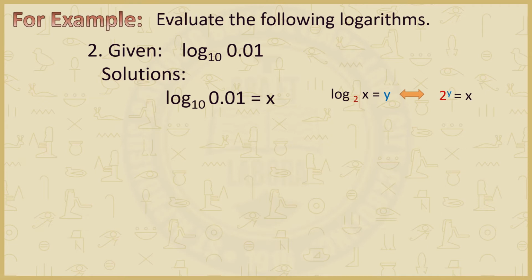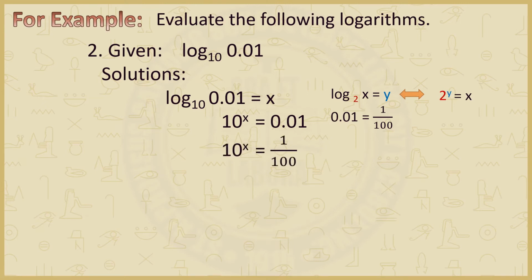So we will convert the given logarithm to its exponential form, and it is 10 raised to x is equal to 0.01. After which, 0.01 can be written into fraction form, which is 1 over 100. So our equation becomes 10 raised to x is equal to 1 over 100.